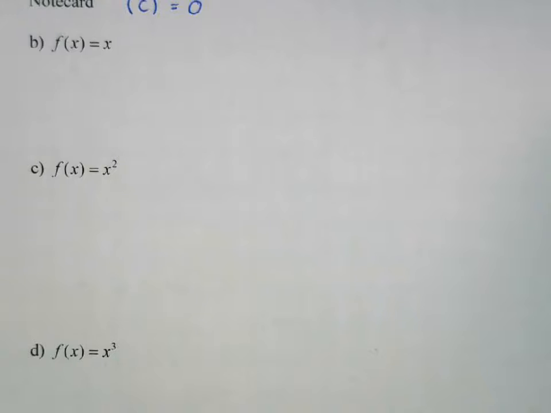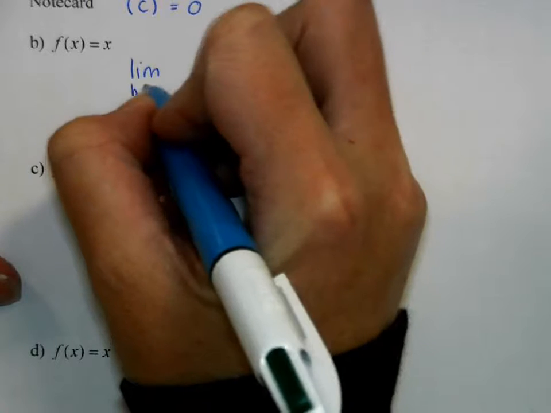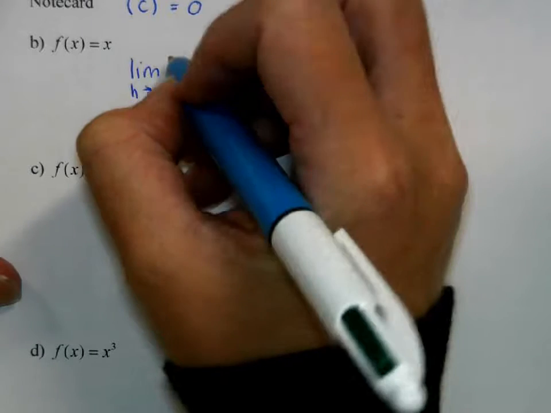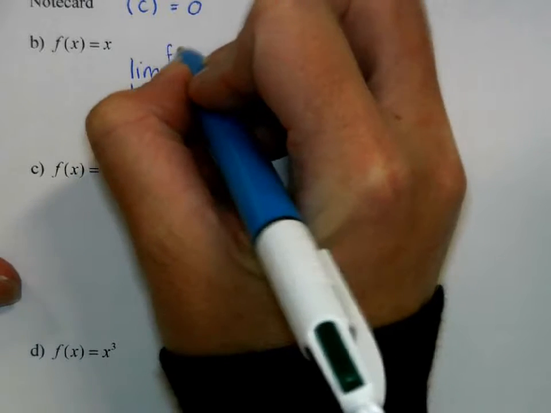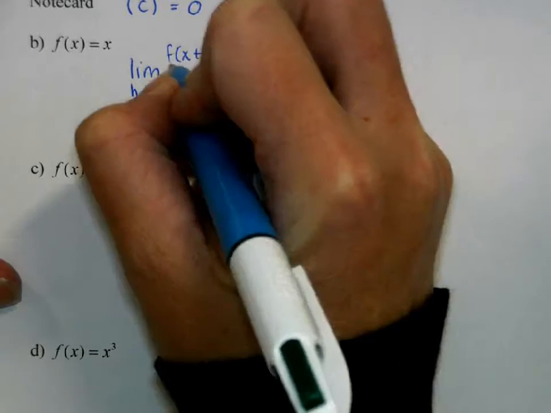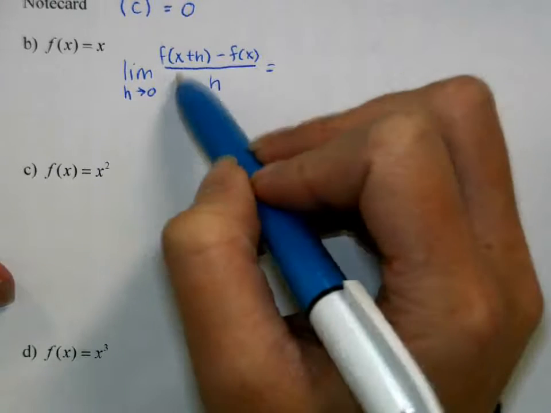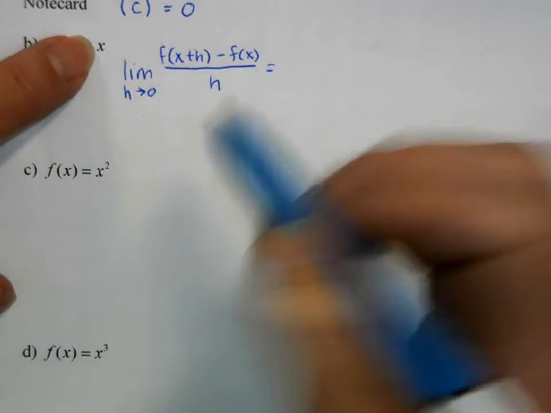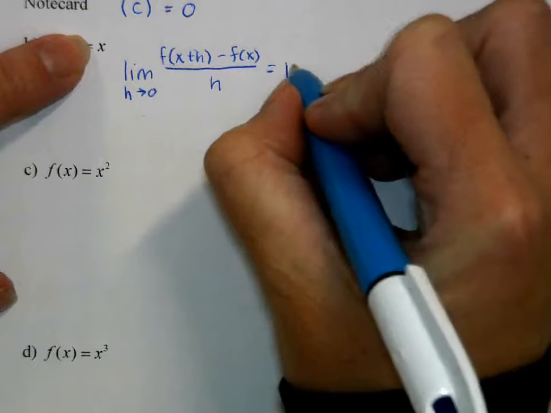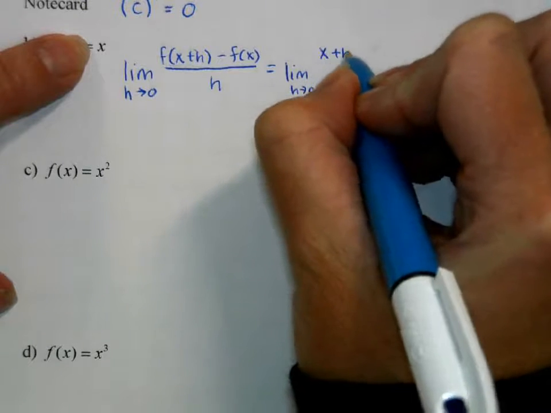Okay, so let's repeat this again with x. Again, we've already talked about this graphically, but let's confirm using our definition. The limit as h goes to 0 of f of x plus h. So f of x plus h is just going to be x plus h. f of x is just x.